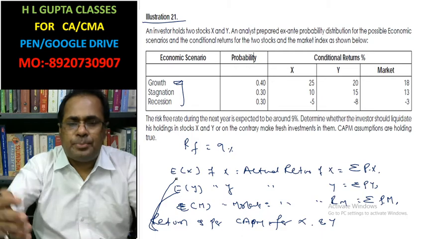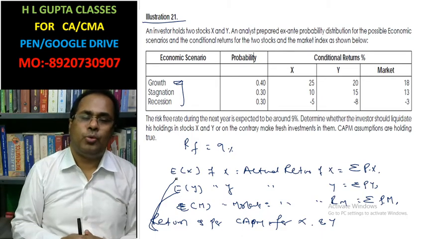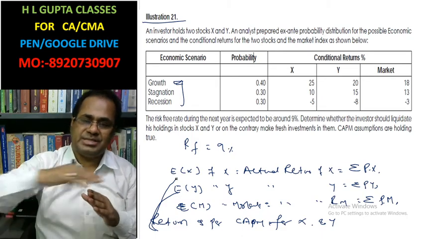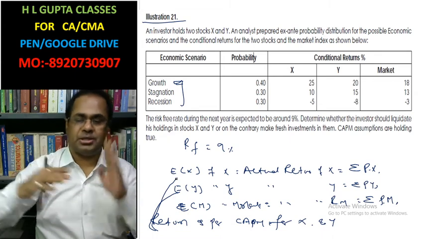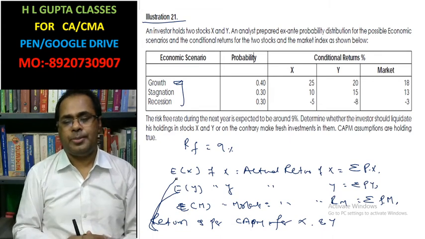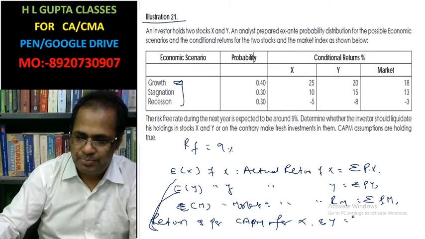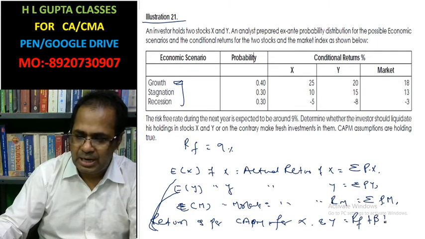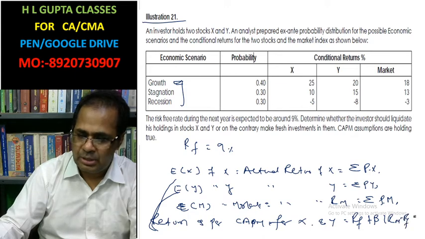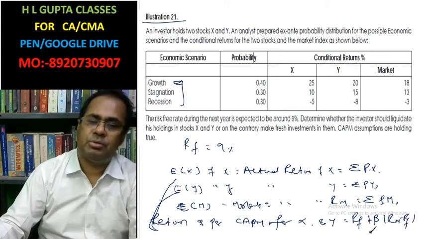On the basis of that, you have to take decisions whether you should liquidate, meaning sell the stocks, or we should buy the stocks. Then for the expected return as per CAPM, risk-free rate of return plus beta times (Rm minus Rf), for this you have to calculate the beta.